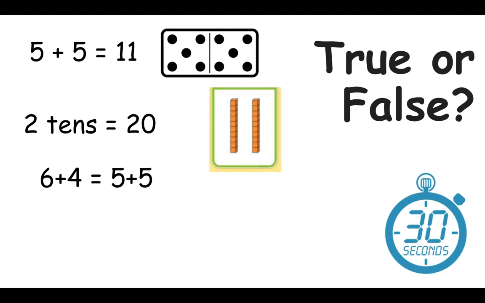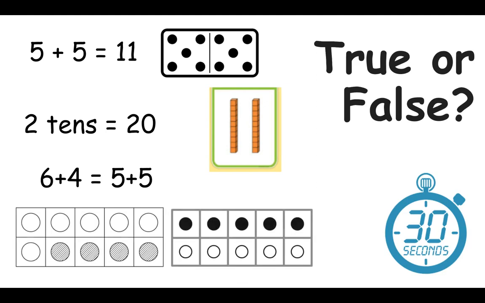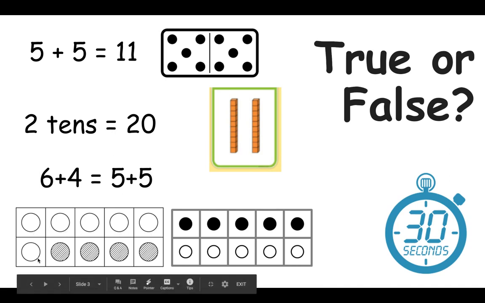Is this true or is this false? If you're not sure, I have some 10 frames filled out. This one shows 6 plus 4. We have 1, 2, 3, 4, 5, 6 that are solid white. And then we have 1, 2, 3, 4 that are shaded with lines. So we can see that 6 plus 4 equals 10. The 10 frame is filled out.